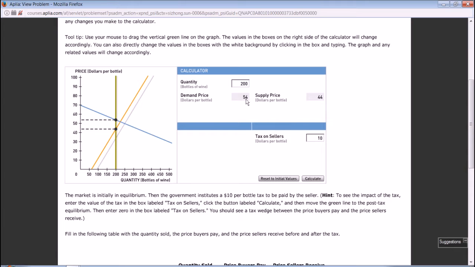Now move this line to 54.44. So we see that the consumer price is 54 and the producer price is 44. Okay, so that's the tax wedge.